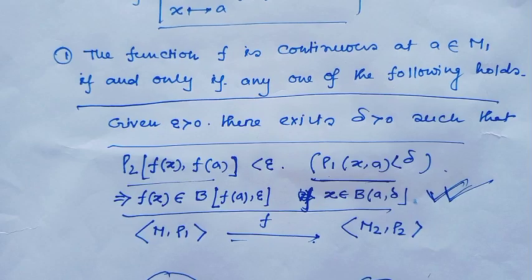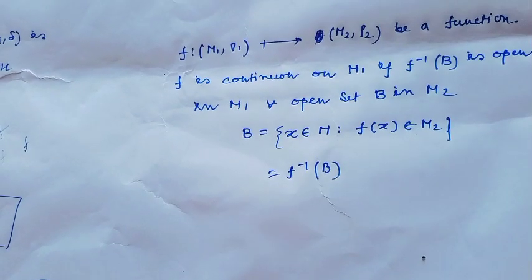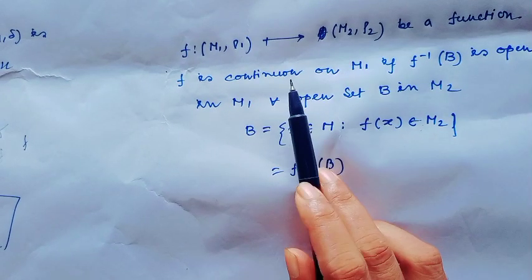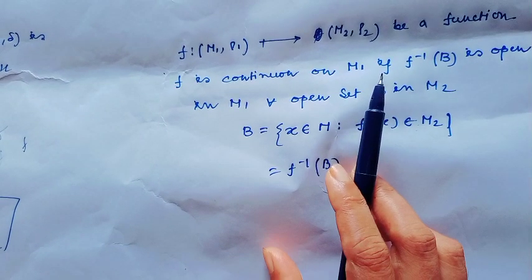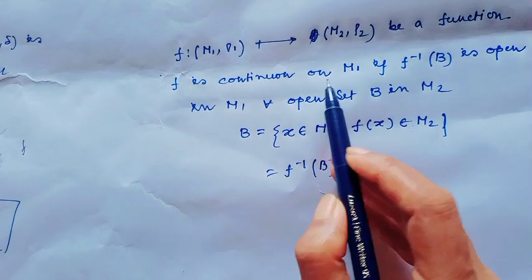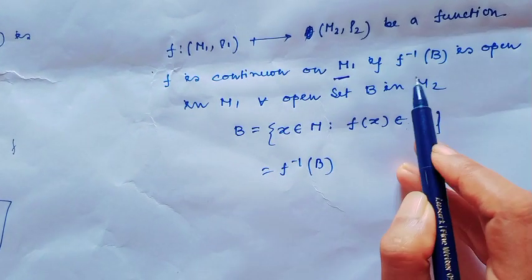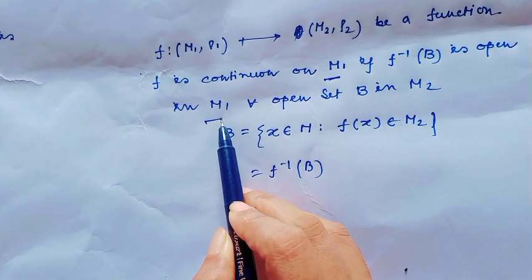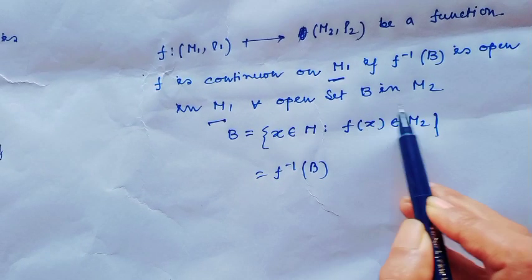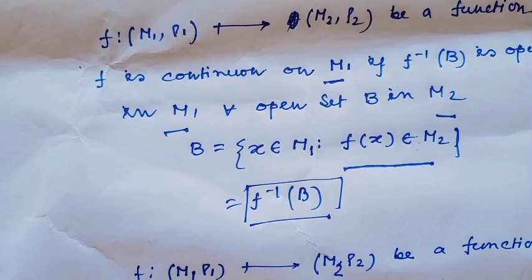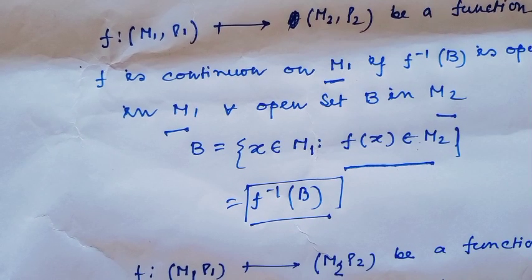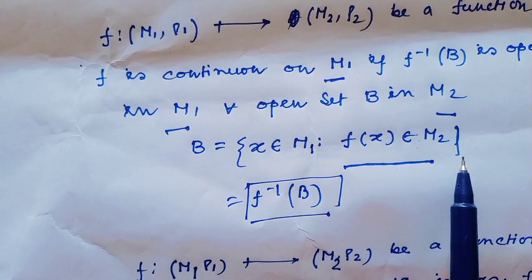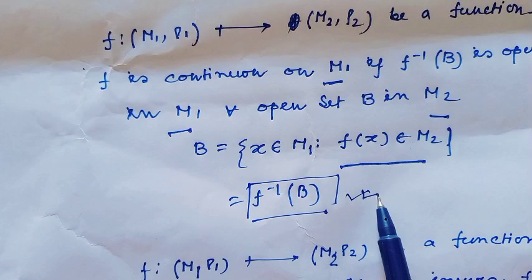Let f be a function from (M1, ρ1) to (M2, ρ2), where ρ1 is the metric on one metric space and ρ2 is the metric on the other. f is continuous on M1 if f inverse of B is open in M1 for all open sets B in M2, where f inverse of B equals those x in M1 such that the image of x belongs to B. This is actually f inverse B.